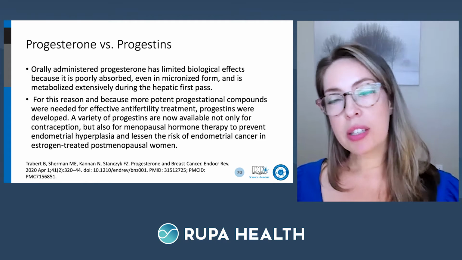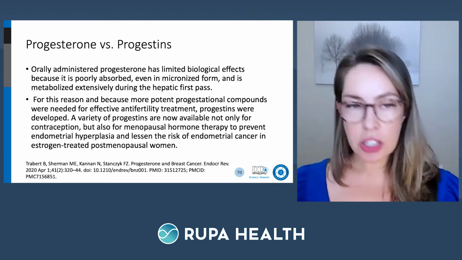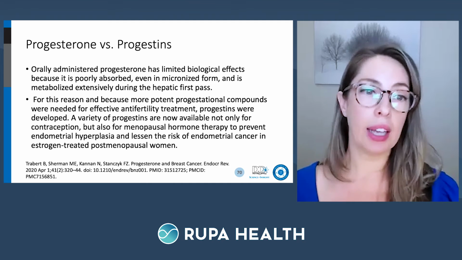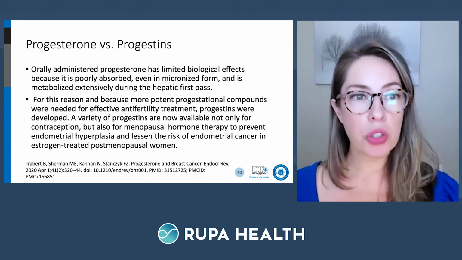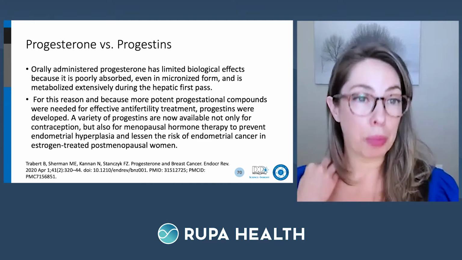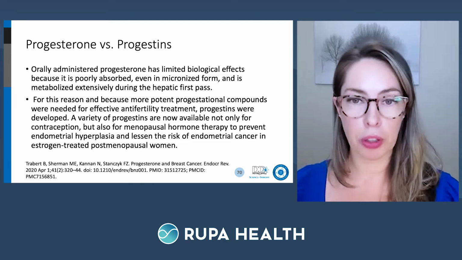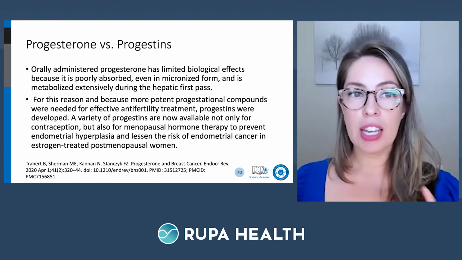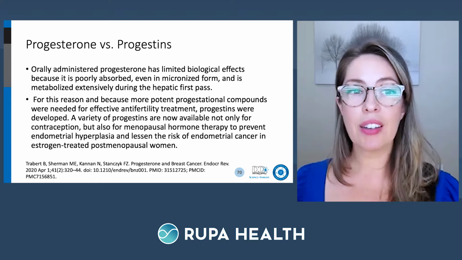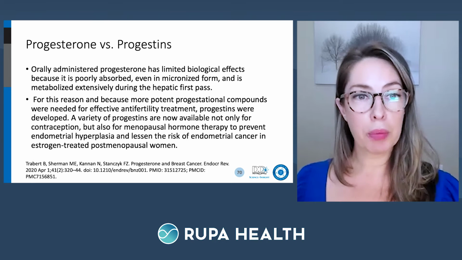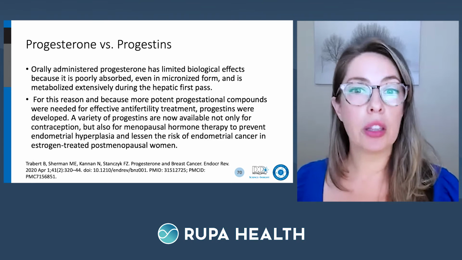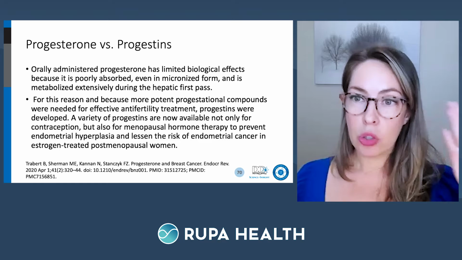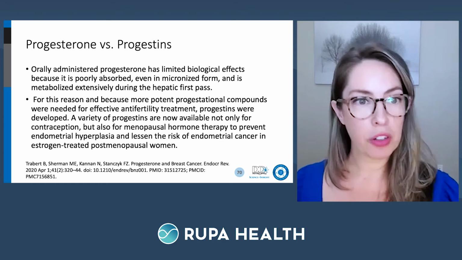Progestins were actually invented and put on the market because we needed a more potent progesterone to protect the endometrium from estrogen proliferation. Orally administered progesterone, even in the micronized form, is not very well absorbed. We don't see a lot of that going to the breast tissue, to the brain, to the eyes, to the bones, to the nervous system.